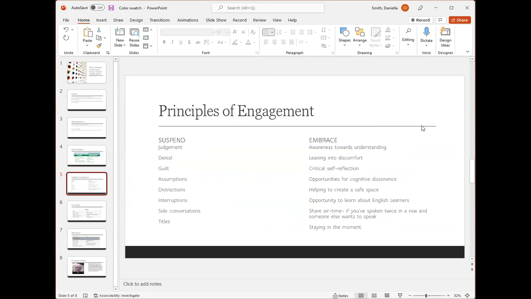One, since we're speaking from multiple backgrounds, please suspend judgment so that we can come together and solve this problem. Suspend denial, guilt or guilt tripping, assumptions or distractions during this process, interruptions with the conversations, or even side conversations.